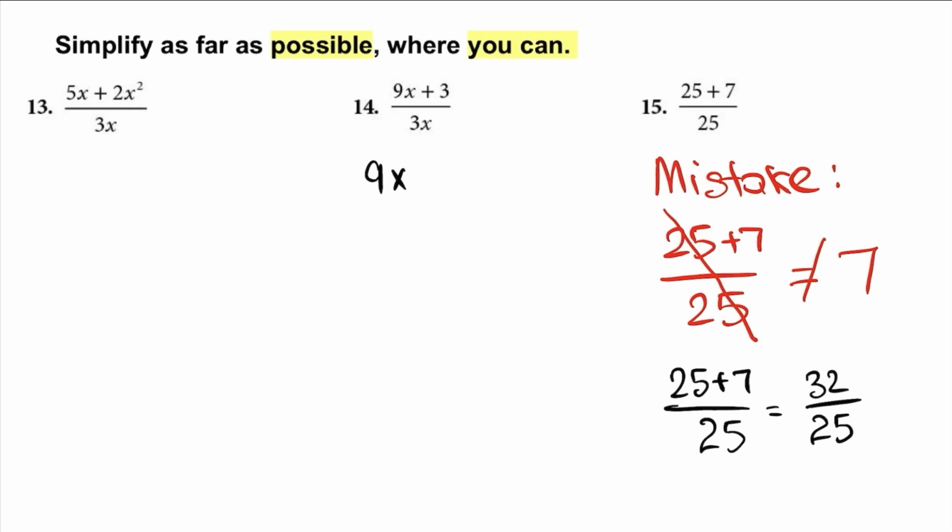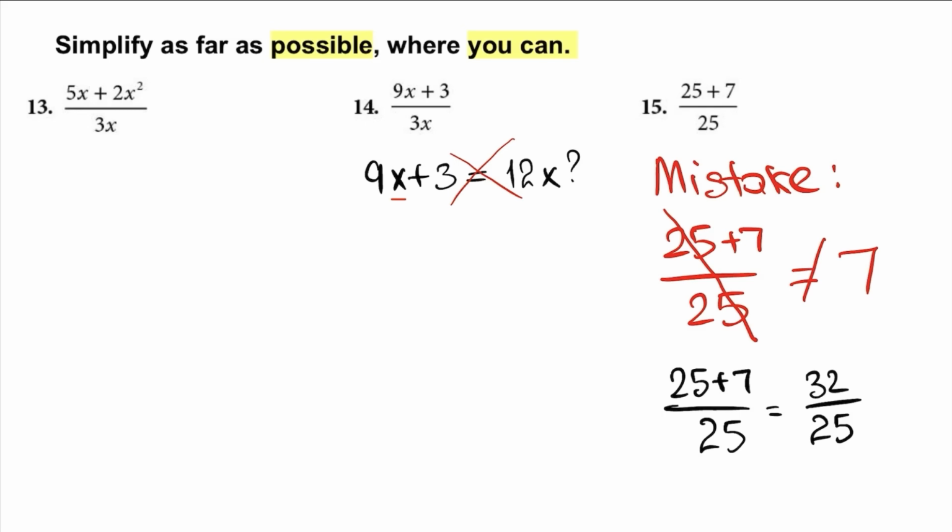In question number 14, can we add 9x and 3? Is it equal to 12x? No, it is not equal to 12x, because one of these terms has x, the other one doesn't. So we cannot add them. How do we solve this question?